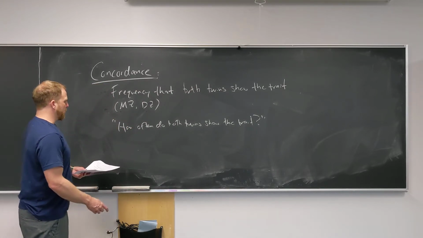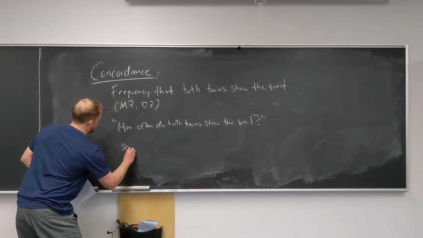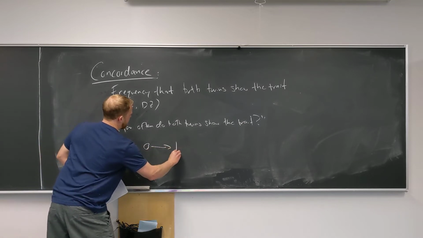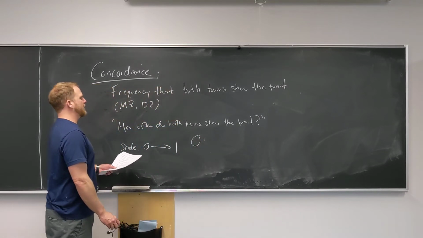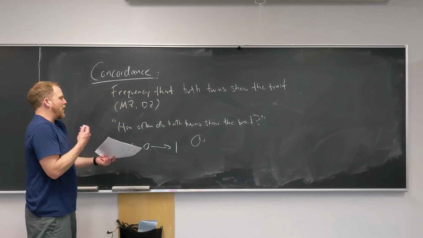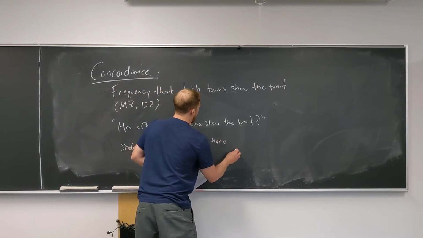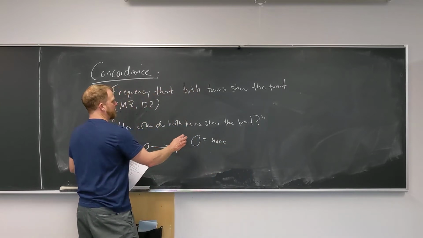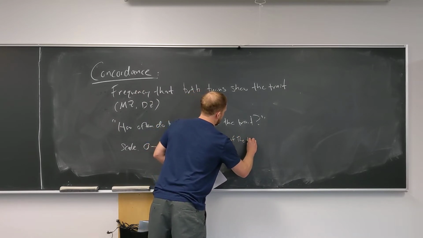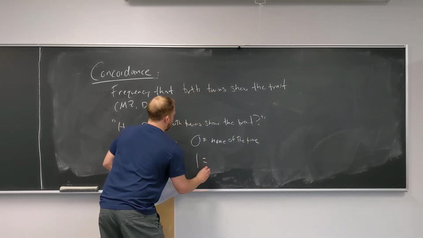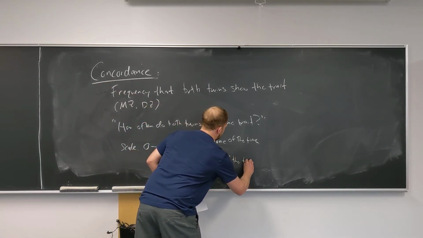Concordance, just like heritability, is on a scale of 0 to 1. If you ask the question, how often do both twins show the trait, and the answer is 0, that would mean they both show the trait none of the time. If it's 1, then they would both show the trait all of the time.